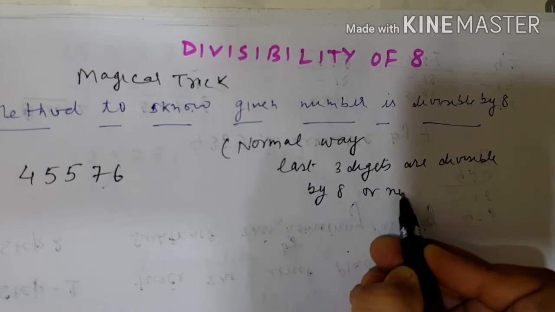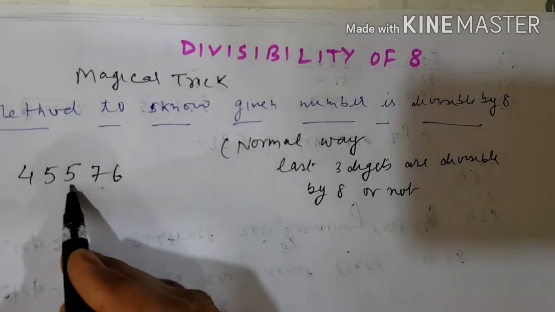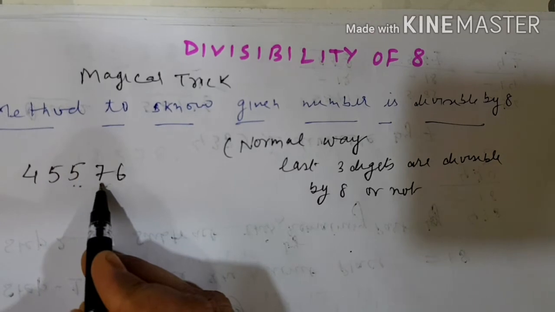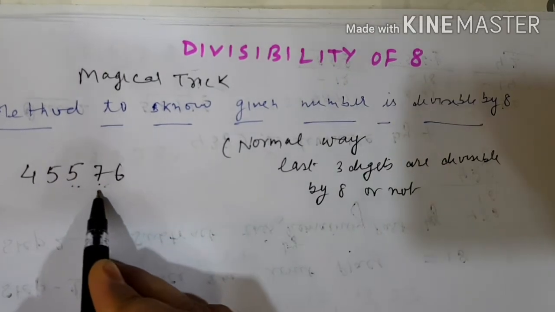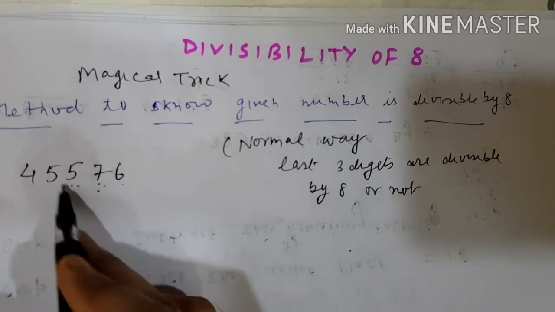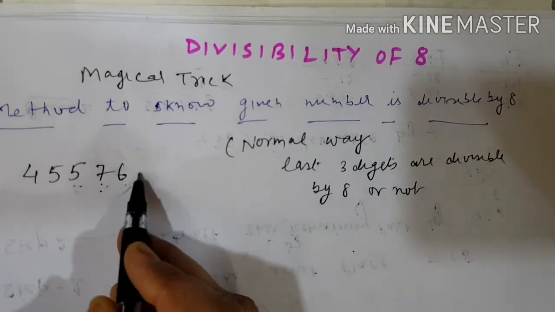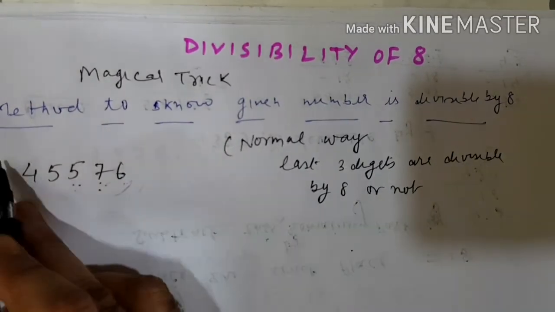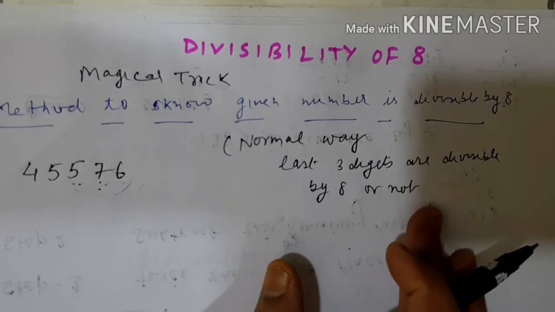You divide 576 by 8: 8 7s are 56, 1 will remain, 16, 8 2s are 16. It means the last 3 digits are divisible by 8, so the complete number will also be divisible by 8. This is the normal trick.